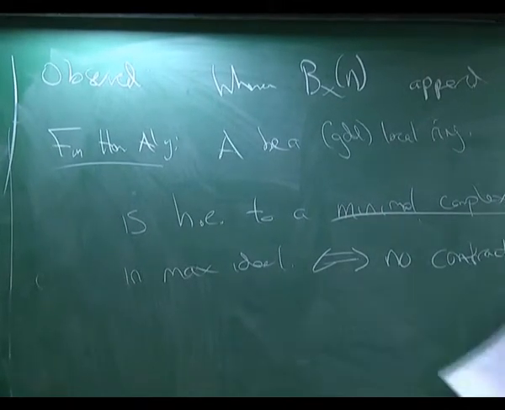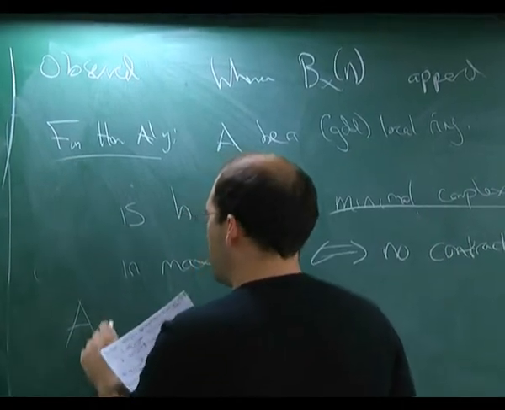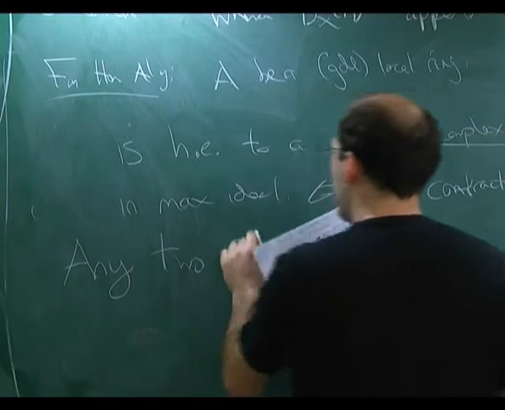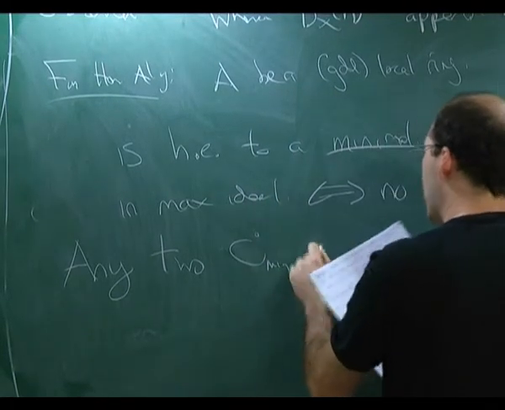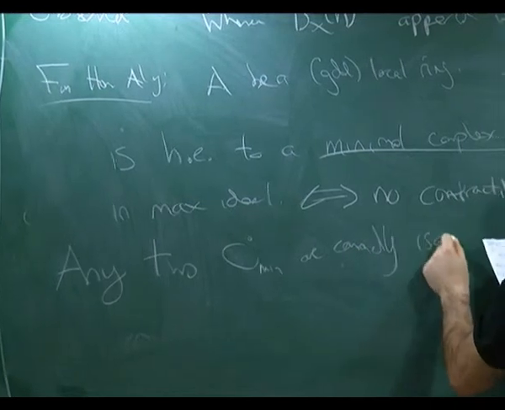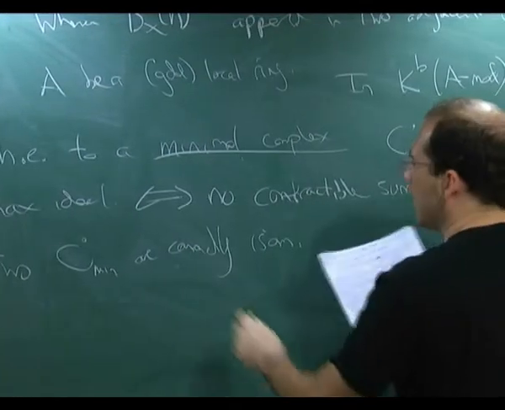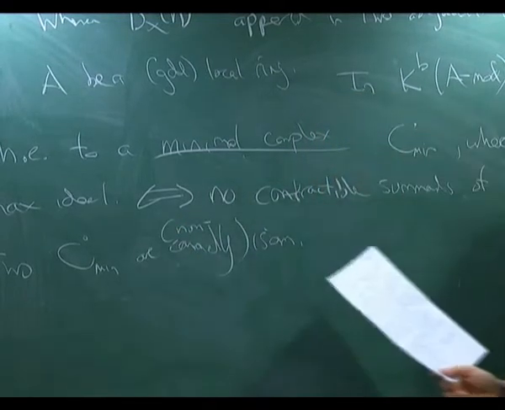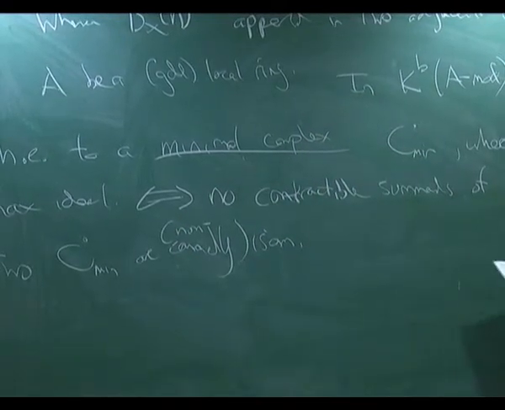Okay? And now, there's many different notions of minimal complexes, but any two C mins are, oh, sorry, non-canonically isomorphic, but they are isomorphic.